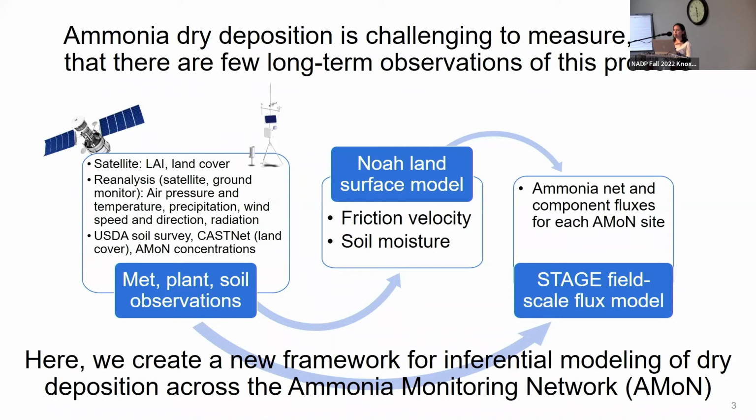Some subset of these, in particular the meteorological inputs, are also initially processed through the NOAA land surface model to collect friction velocity and soil moisture, so some more specific meteorological parameters that are used as input by the STAGE model, which again we're running at the field scale in order to simulate ammonia net and component fluxes for each of the AMON sites.